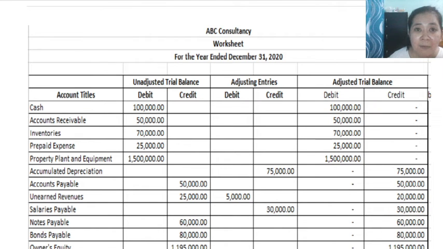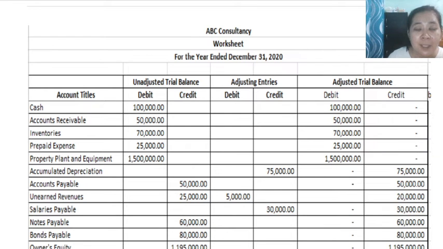So since they have opposite sides, credit and debit, we will deduct these amounts. That's why in our adjusted trial balance, it will show a credit of 20,000. How do we know where to place the difference?